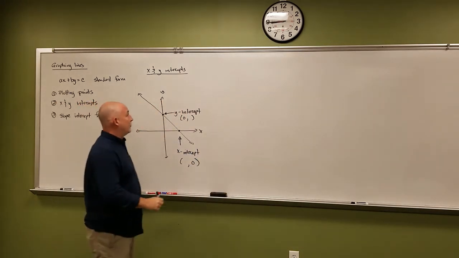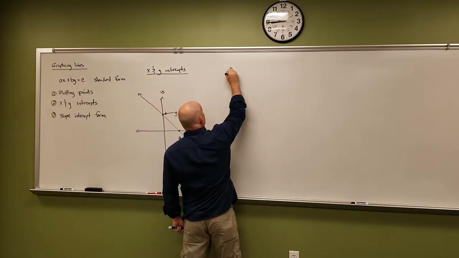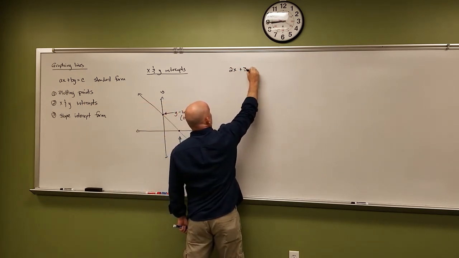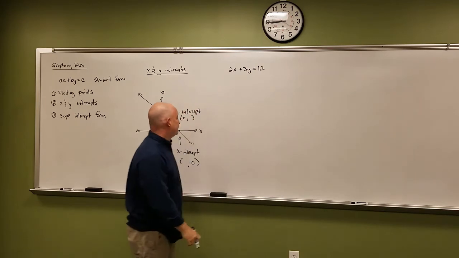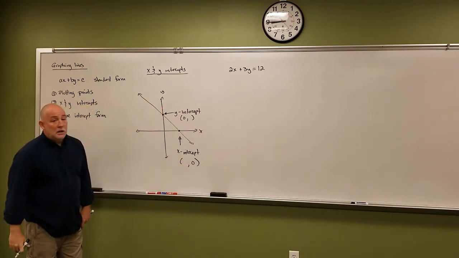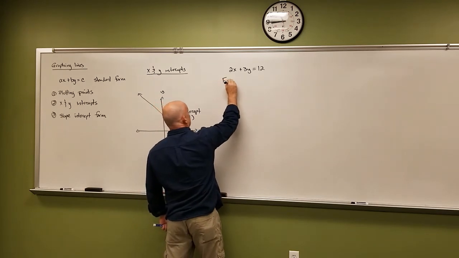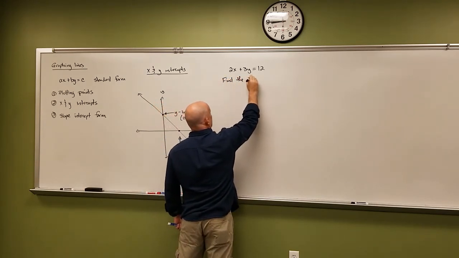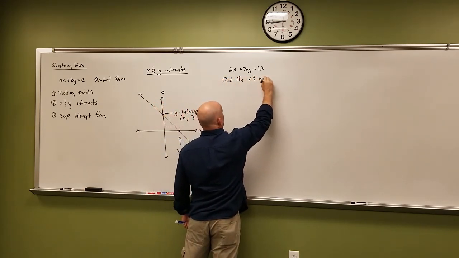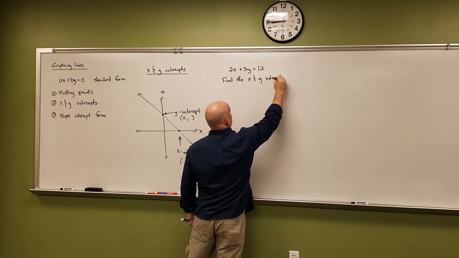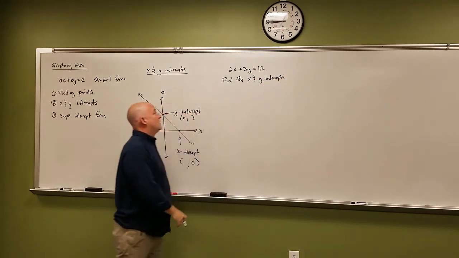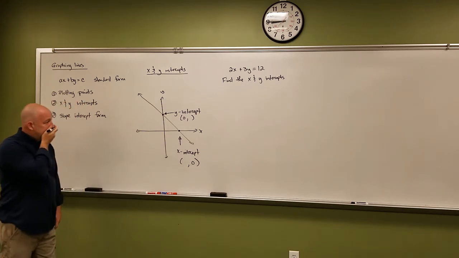Let's start with another one, and we have 2x plus 3y is equal to, I don't know, let's say 12. And the directions for this, let's just say, find the x and y intercepts.